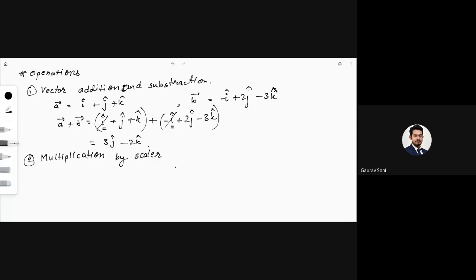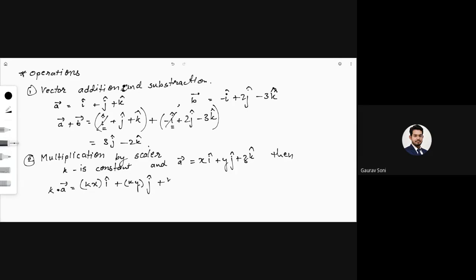Say k is a constant, and a bar is equal to x i cap plus y j cap plus z k cap, then k times a bar is equal to kx i cap plus ky j cap plus kz k cap.